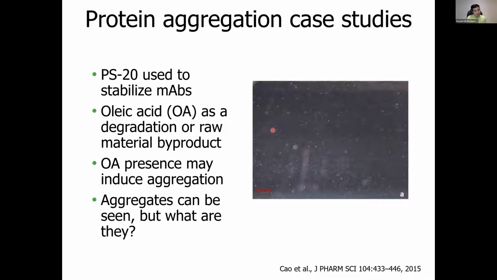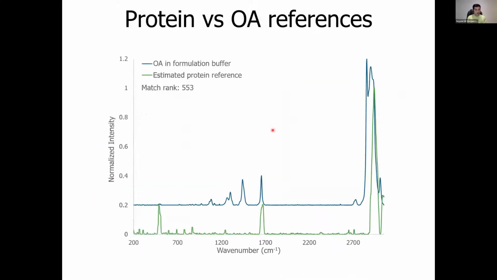And if we look at it, we can easily see the aggregates forming as a result of OA. But what are these aggregates? We want to know if OA actually leads to aggregates in one real life problem, and if it does, what kind of protein aggregates are formed. So we had a customer who provided us with 3 different samples in 3 different buffers: buffer with low OA content, with moderate OA content, and high OA content.